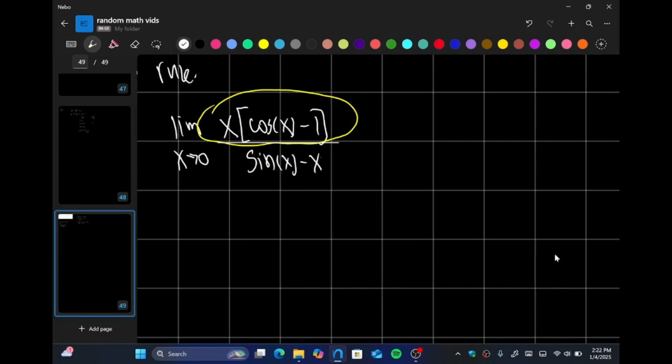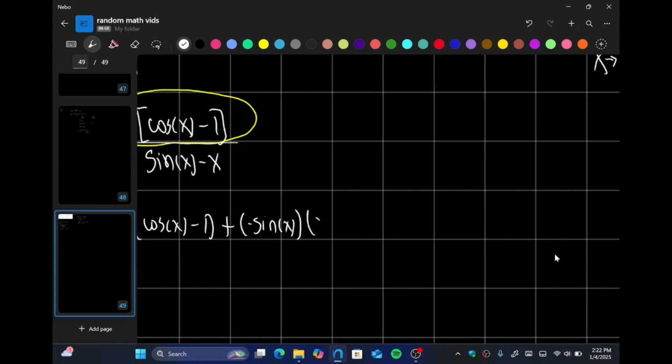What we're gonna do is say the limit as x approaches 0, then it's gonna be 1 times cosine of x minus 1, so the derivative of the first times the second, plus the derivative of the second, which is negative sine x. You want to make sure to put all of this times x, right, guys?